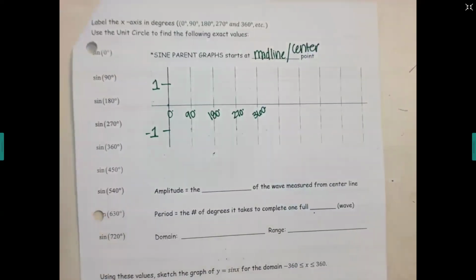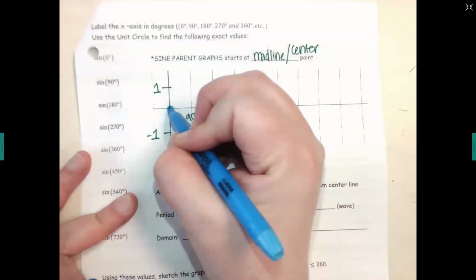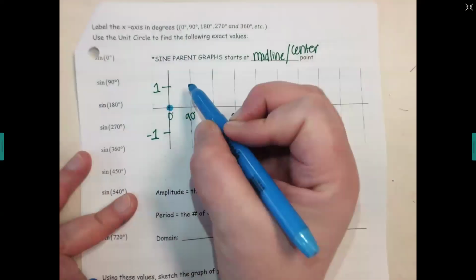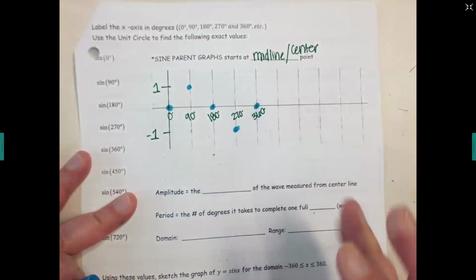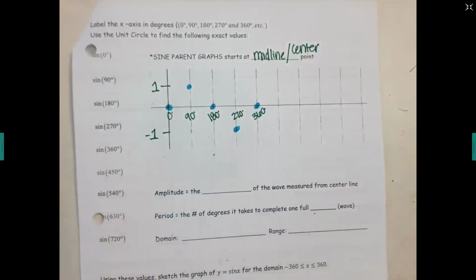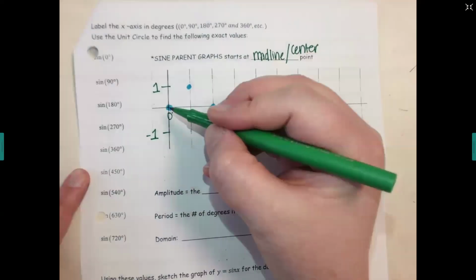Okay, so put your first dot at 0. Then you're going to go up to 1, back to 0, down to negative 1, back to 0. But you'll notice the graph looks exactly the same as far as the wave goes. You're just starting at a different point in the wave. Okay, and then connect your dots.